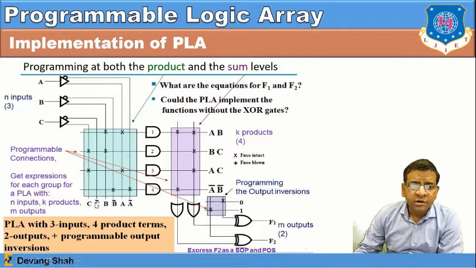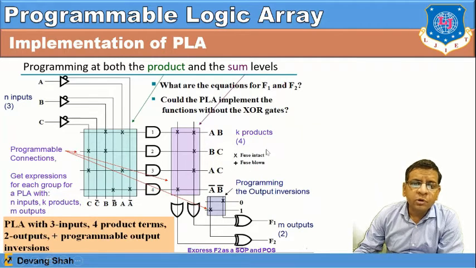So here, after this programmable AND gate, you can see two particular crosses. One is defined as B here and the other is defined as A. So you have a product A dot B. In the same way you have B dot C, A dot C and A bar dot B bar, right?